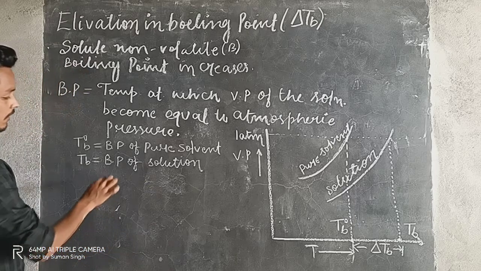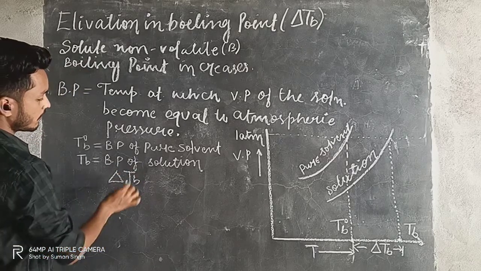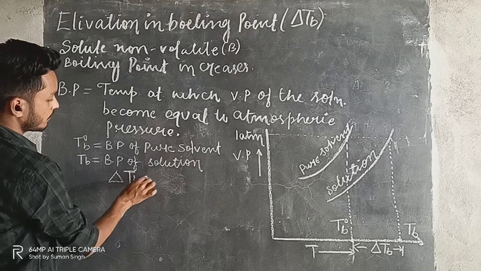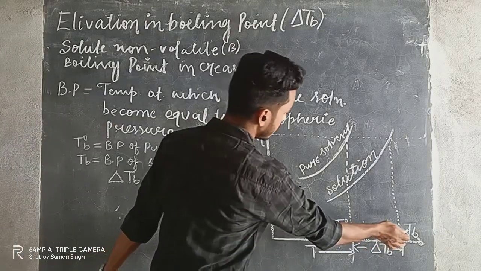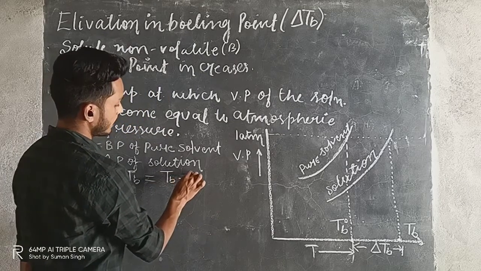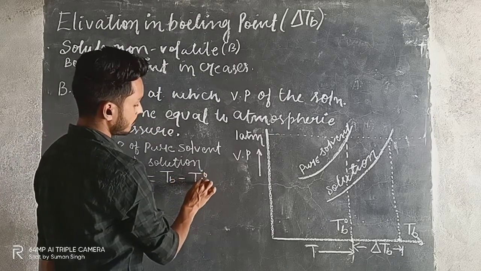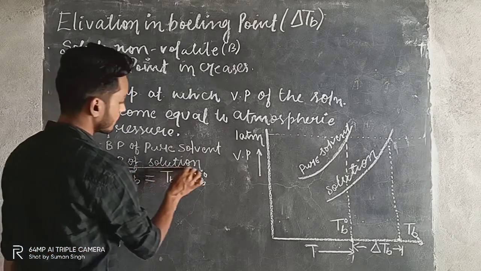The difference of these two, delta TB, is greater minus smaller: TB minus T naught B. I think all of you have understood this.